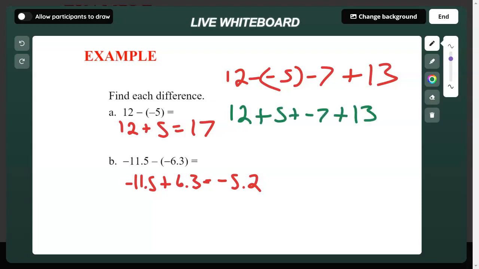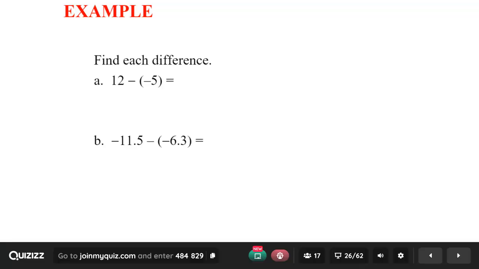And no matter how complicated it gets, we just go left to right. And just do it step by step. 12 plus 5 is 17, plus negative 7 is 10, plus 13 is 23. All right, so write the whole thing as addition, and then just go left to right. And we'll do the same thing with multiplication and division. That way we end up with less confusion, more accuracy in our solutions. Okay?